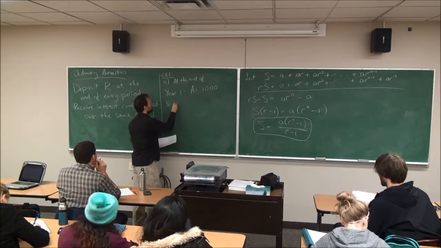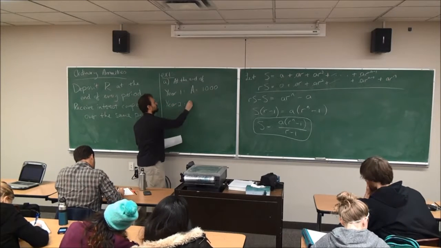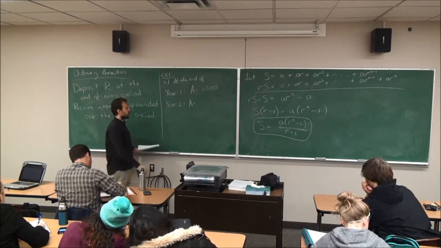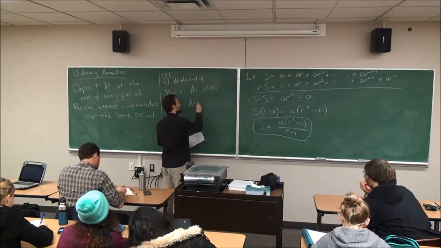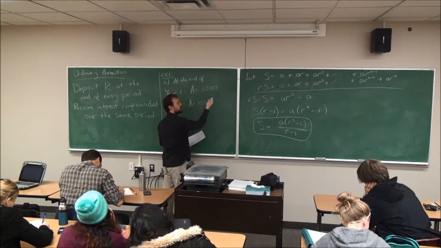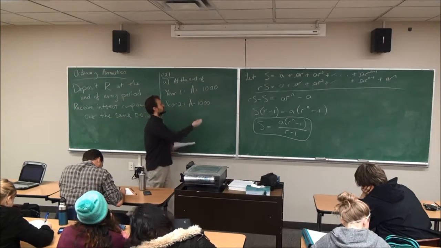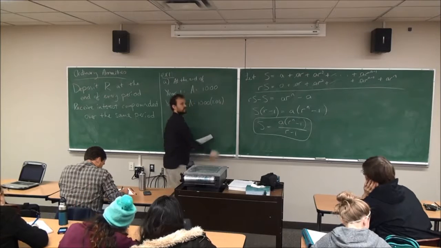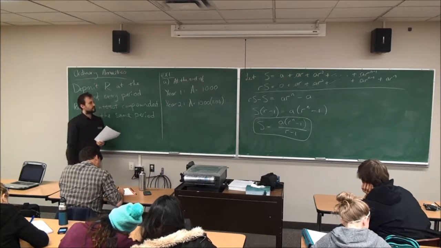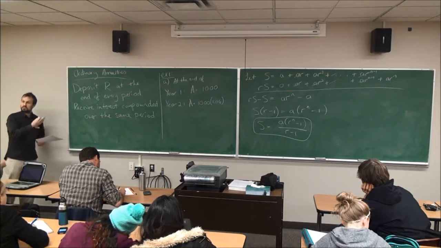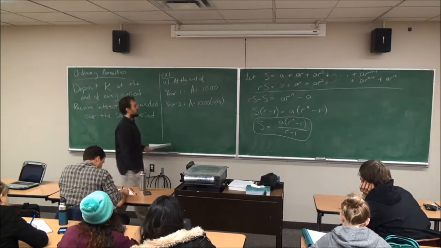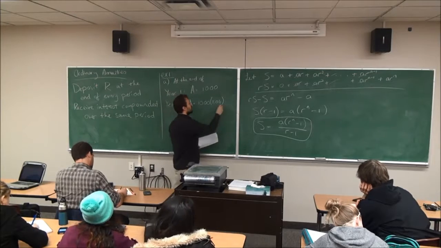At the end of year 2, how much money do I have? What's my accumulated amount? Well, this $1,000 sat in the bank for a year, so it got interest of 4%, so it increases by 4%. It was sitting there for a year, and my period is a year as well.